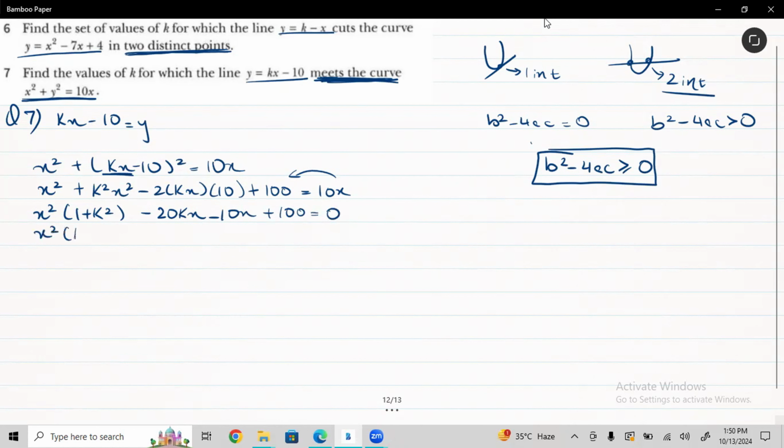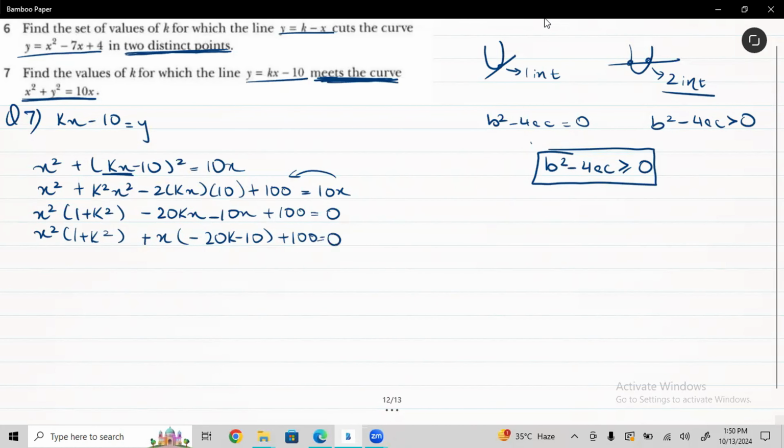Again, simplify this. x squared (1 plus k squared), and we're going to take positive x as the common factor, I prefer if you take positive as the common, minus 20k minus 10, plus 100 is equal to 0.